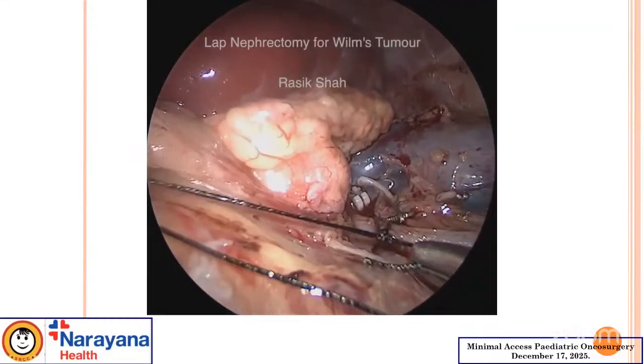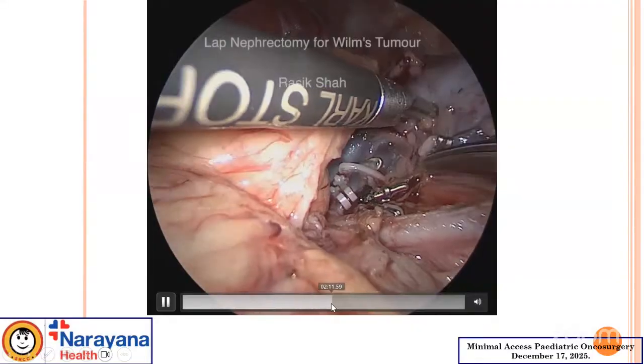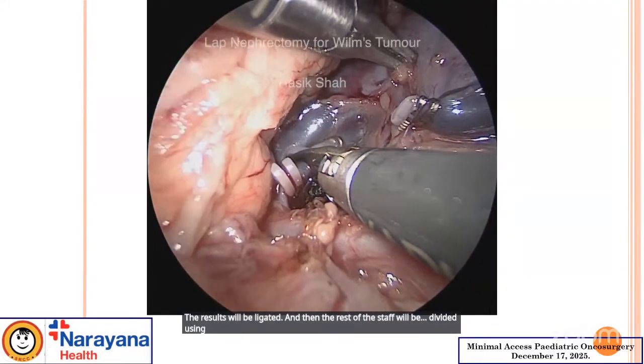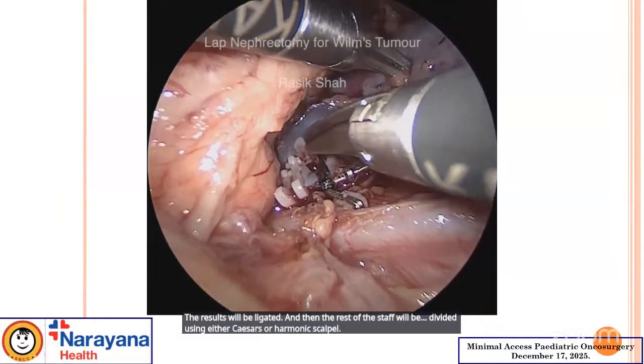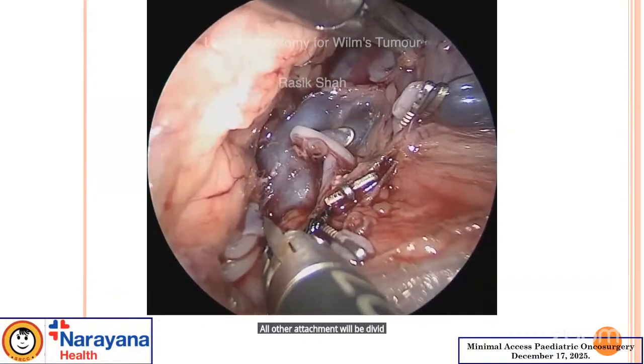Vessels will be ligated, and then the rest of the tissue will be divided using either scissors or harmonic scalpel. All other attachments will be divided.